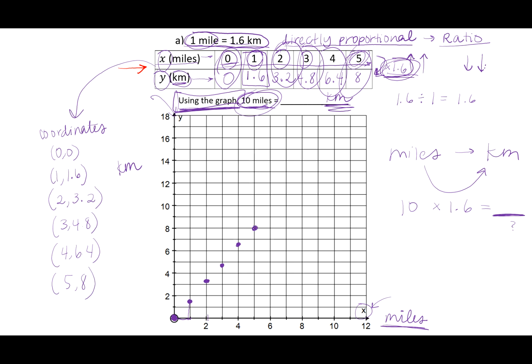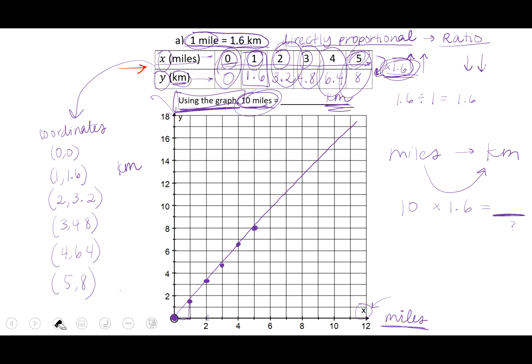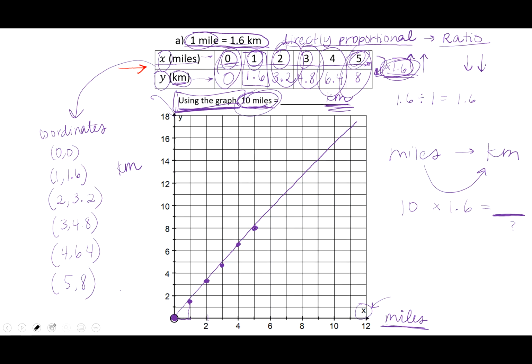Notice that these points are creating a straight line, doing my best without a ruler here. Could have probably made that a little bit more straight. Because that is always the way that a direct proportion relationship is represented. It should always be two things. One of those things is a straight line.